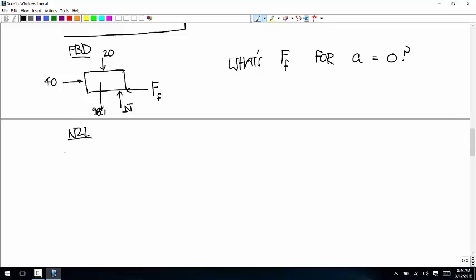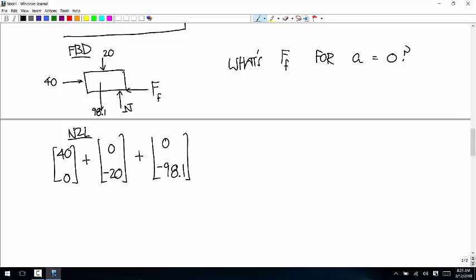So Newton's second law says 40, 0, plus 0, negative 20, plus 0, negative 98.1, plus, it's pointing down in the negative y direction.